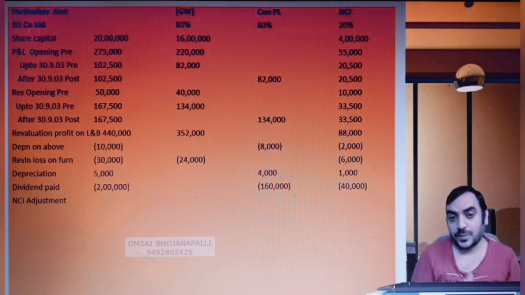Okay, 2 lakh became 1,60,000. Furniture. 1,60,000 minus 2 lakh divided by 2 lakh, or you can do 2 lakh minus 1,60,000, so a negative number will not come, into hundred, that is going to be 20%.